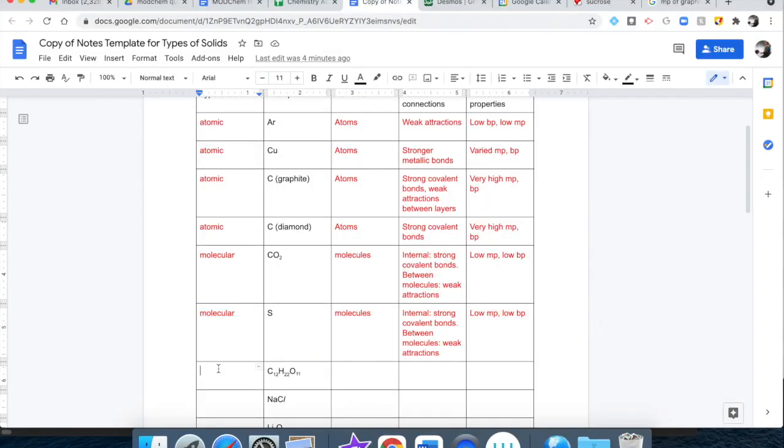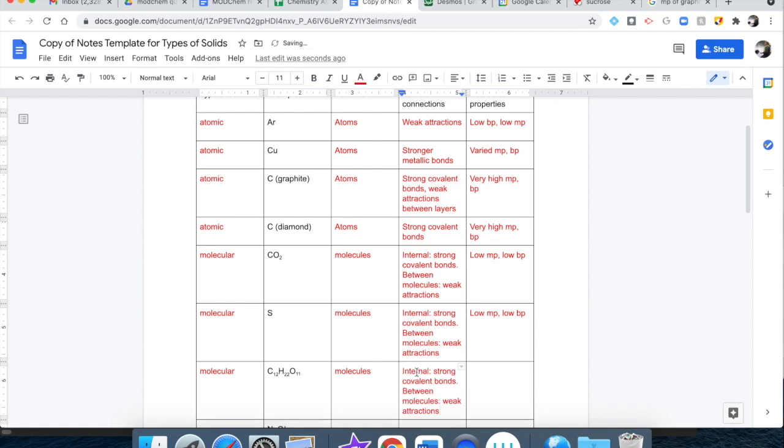Sugar is also molecular. So at the locations in the crystal structure are molecules, and just like we saw with carbon dioxide and sulfur, we have two classes of bonds. Inside the molecule are strong bonds, between molecules are weak interactions.